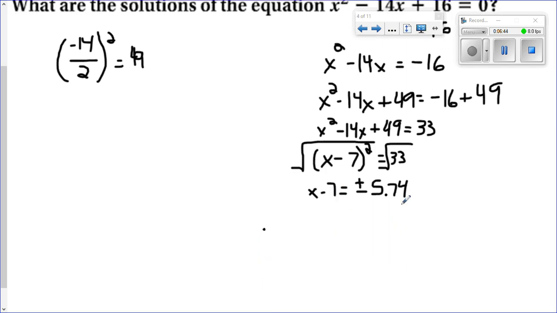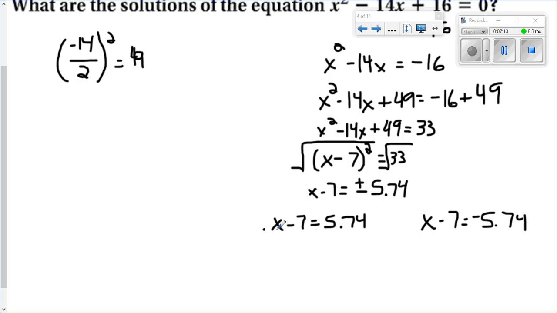Once we have plus or minus 5.74, we're going to take this x minus 7 and set it equal to the positive version, 5.74, and also set it equal to the negative version, negative 5.74, and solve each one of those.